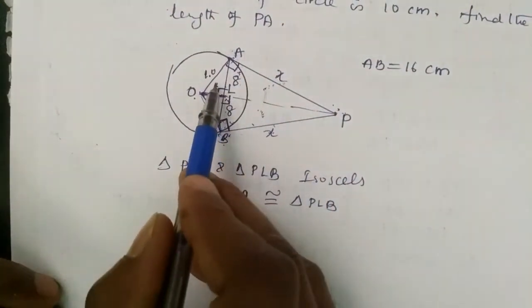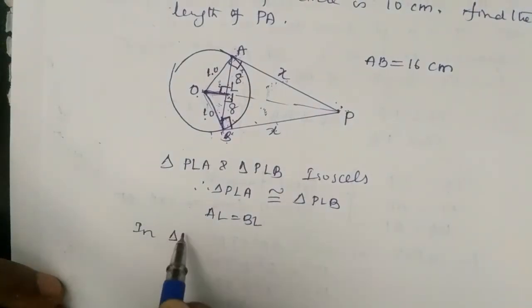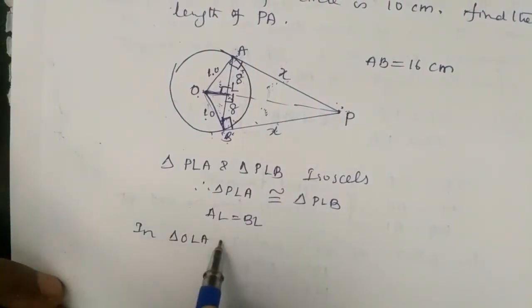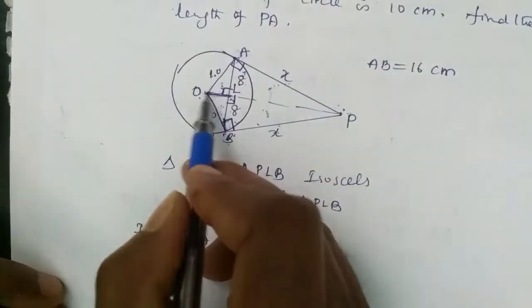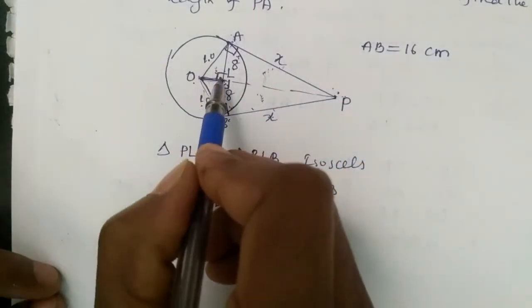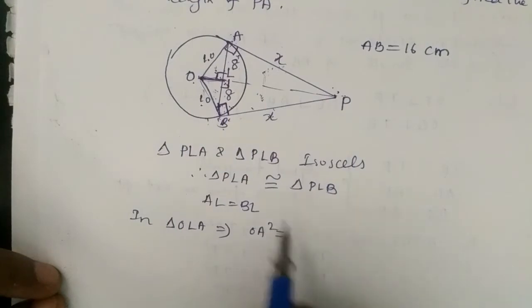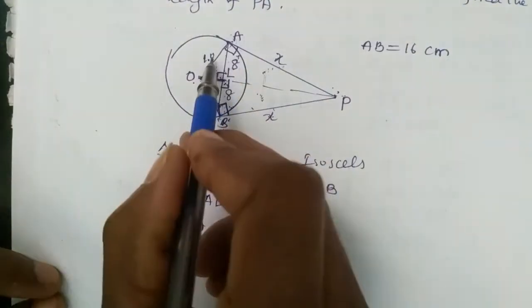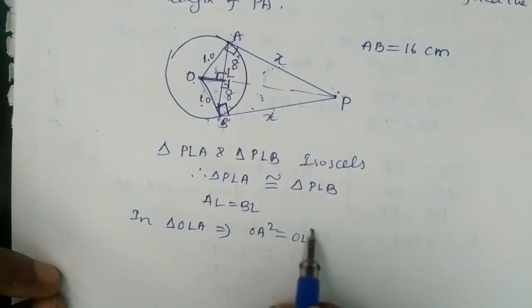Now I go for this triangle. In triangle OLA, how to use the Pythagoras theorem? We'll get OL first. The 90 degree's opposite side is 10, so that is OA square. In triangle OLA, OA square is equal to OL square plus AL square.